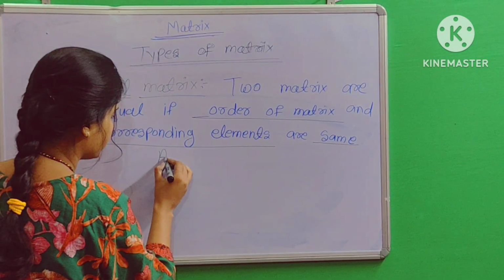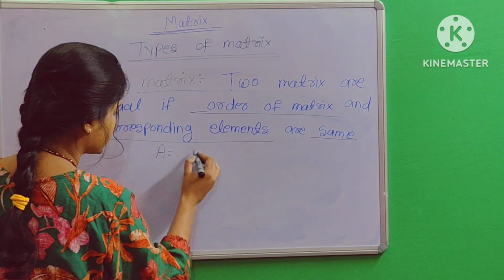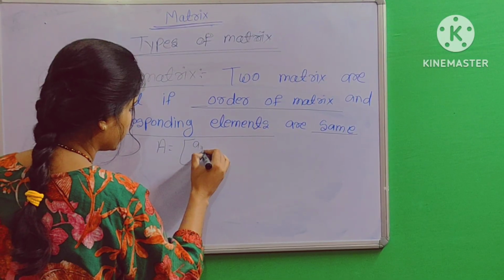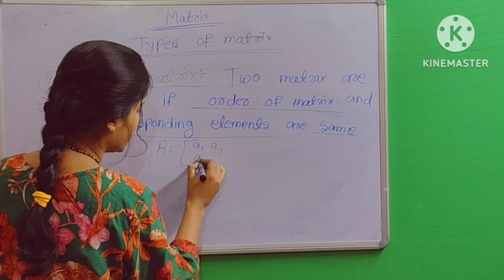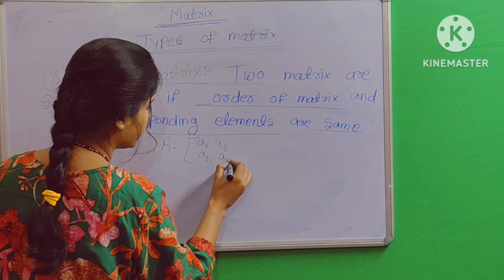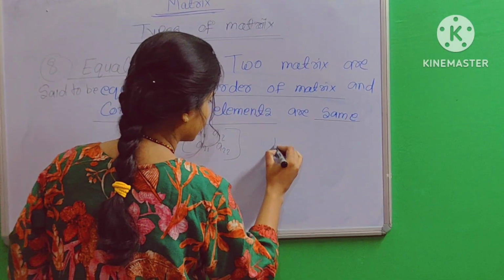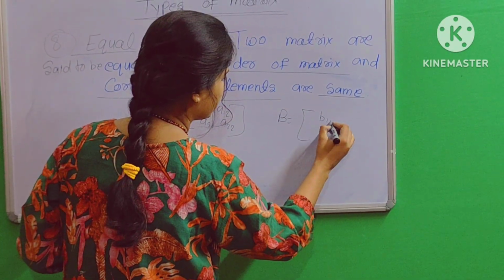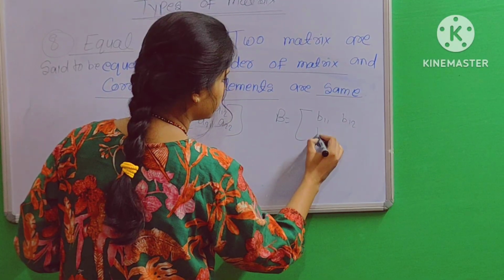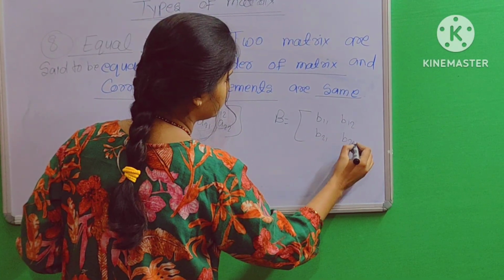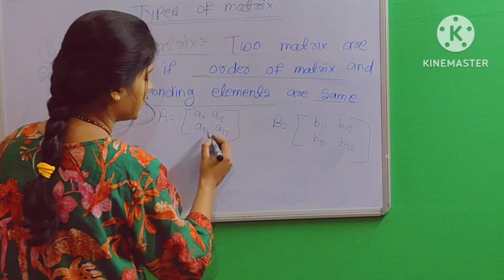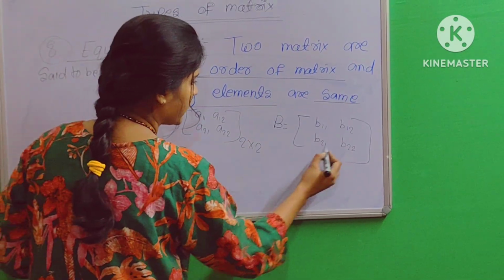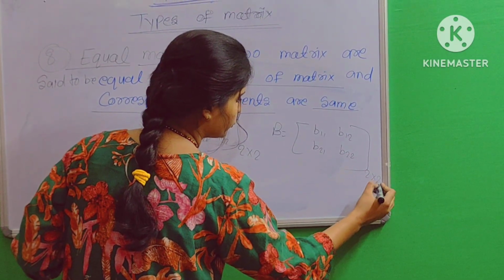Suppose I have matrix A equal to A11, A12, A21 and A22, and here is B: B11, B12, B21 and B22. It means this order is 2 cross 2 and this order is also 2 cross 2.